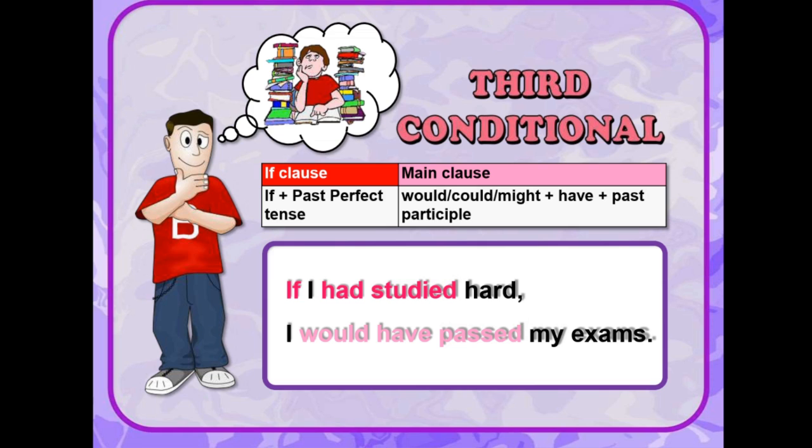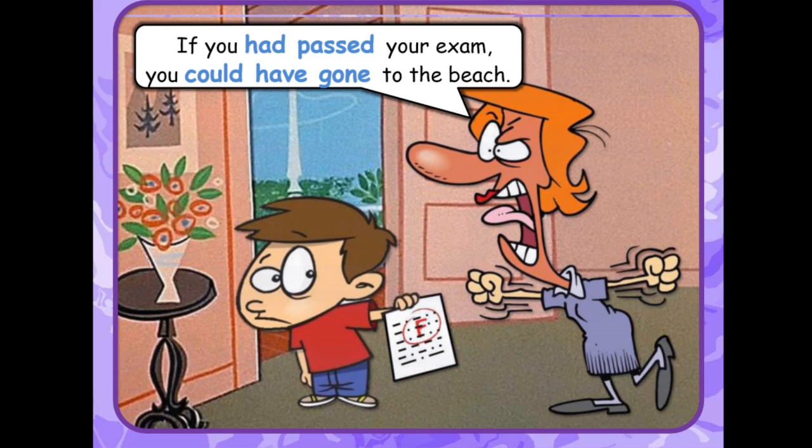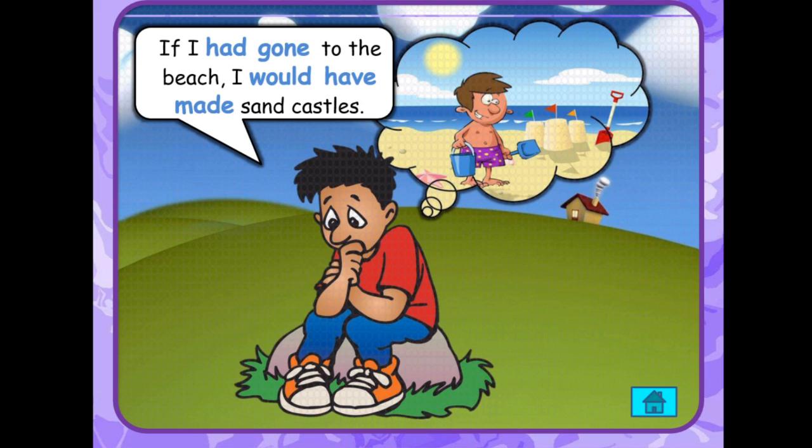If we look at our example right here, if I had gone to the beach, I would have made sandcastles, right? But he didn't go to the beach and he didn't make any sandcastles. So technically it did not happen at all. There's no possibility of it happening, and it did not happen. It is completely unreal.